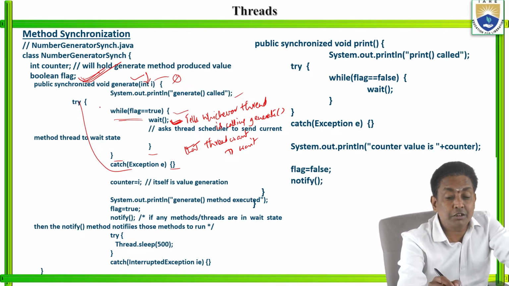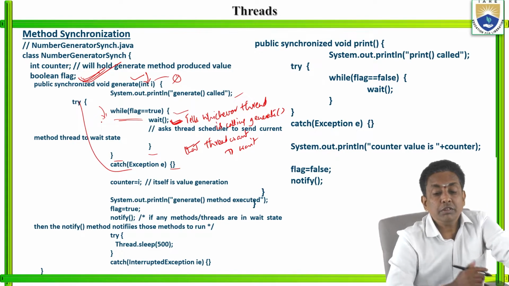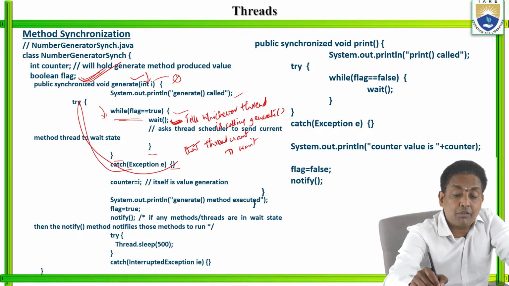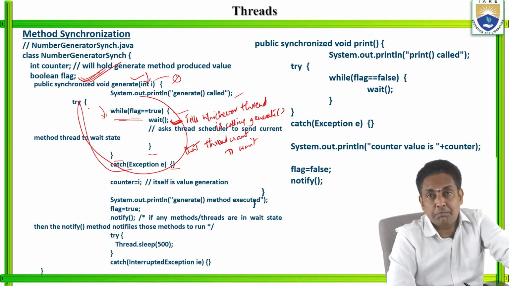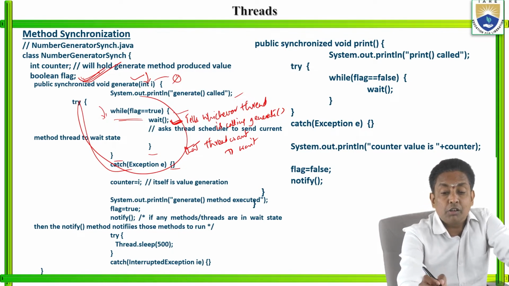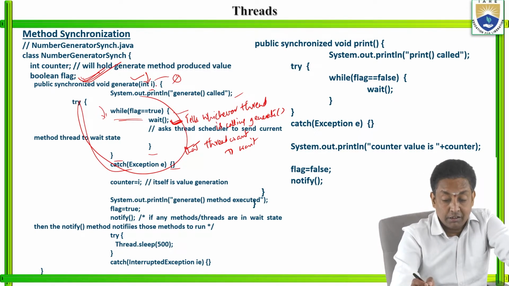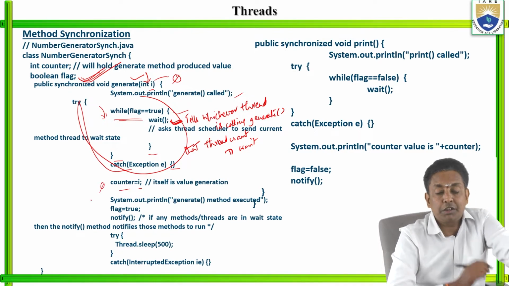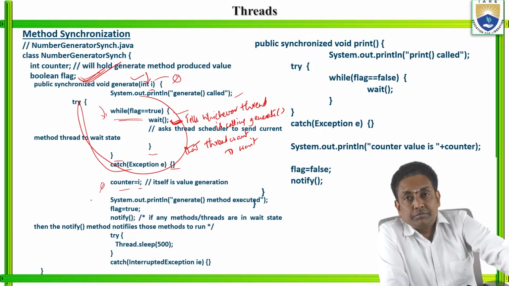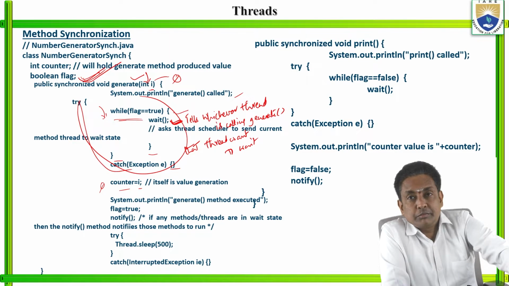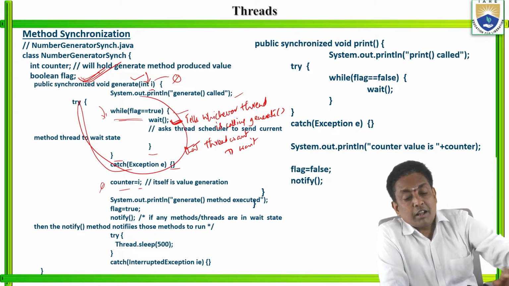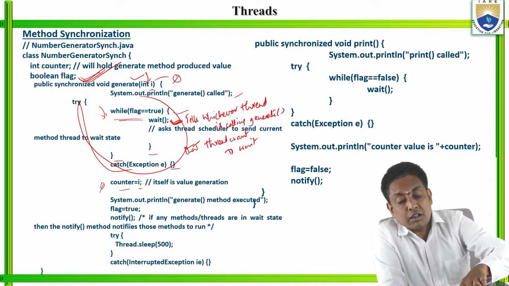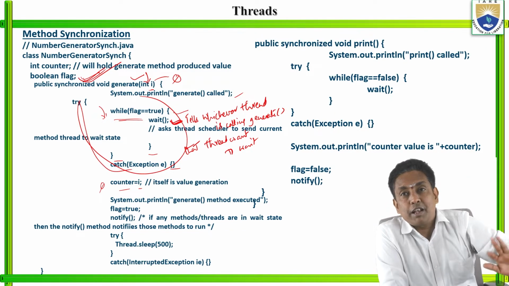No control enters this while loop. This complete block will be ignored. Whatever value of i comes here will be assigned to counter, and initially the counter value is 0. Assigning that i value to the counter variable itself is value generation.